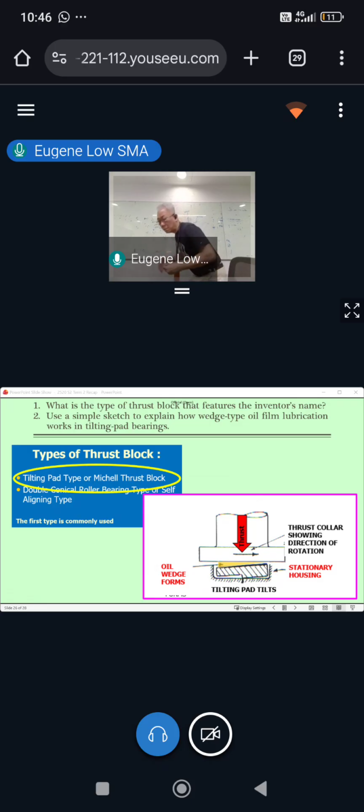So these basically tell, oh, don't forget the thrust force on the propeller. Okay, so this diagram represents your understanding of how the oil wedge lubrication system works for a tilting pad type of bearing. Okay, couple of minutes there.